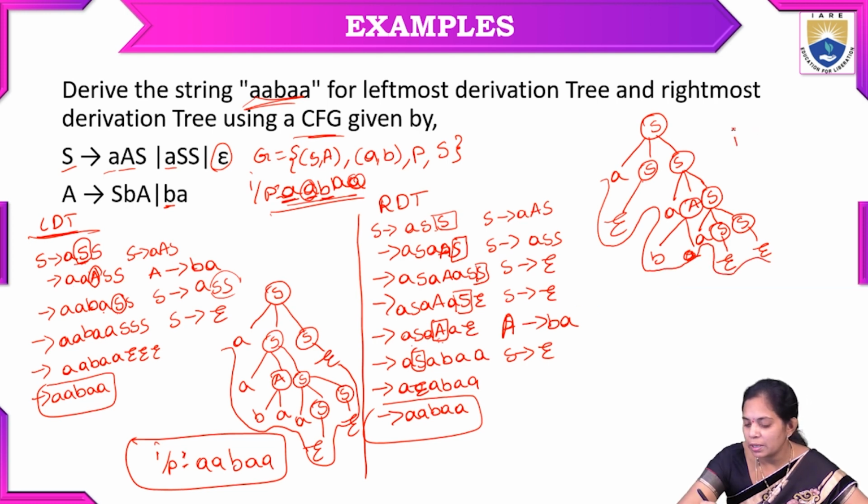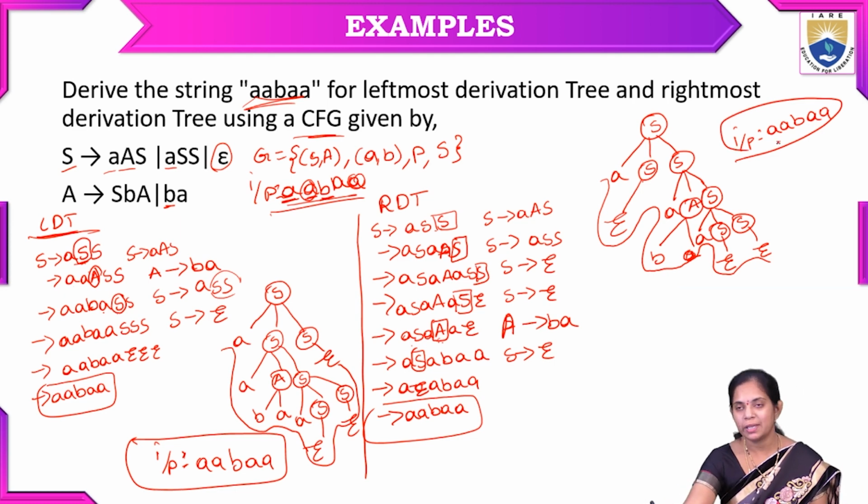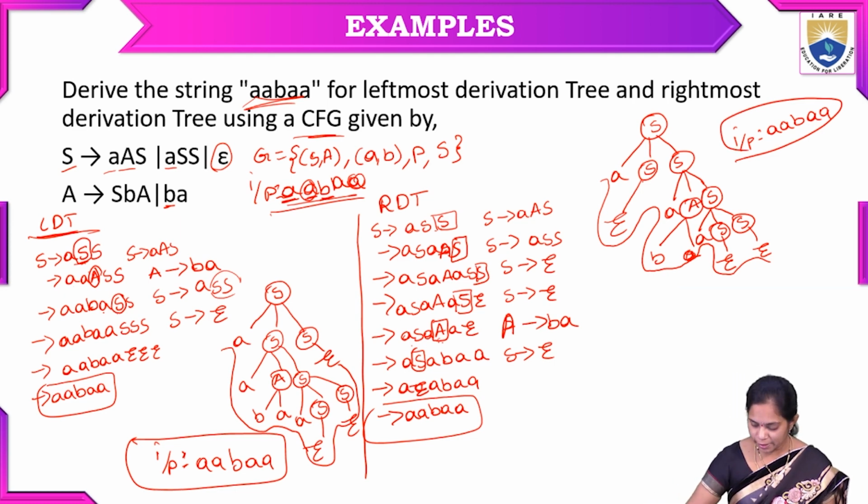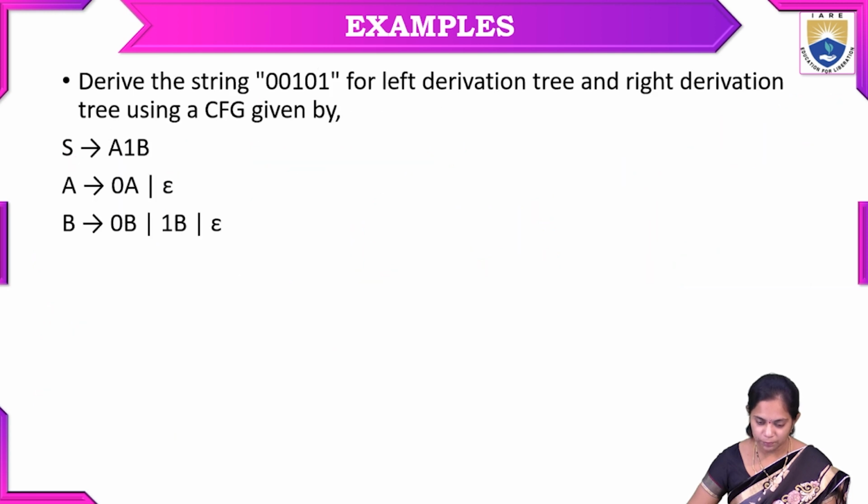After removing the epsilon symbols, what do we get? The input string A, B, A. So this is the rightmost derivation for this example, and we will discuss one more example for the leftmost derivation tree and rightmost derivation tree.